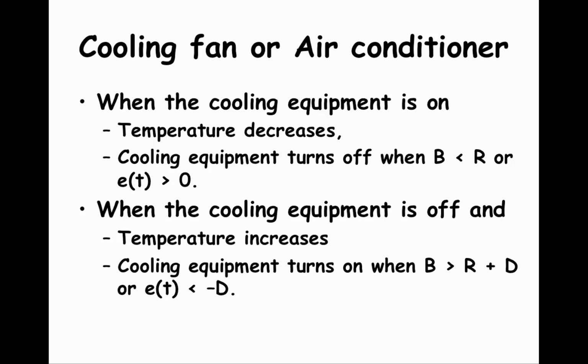When the cooling fan is off and the temperature is increasing, the cooling fan turns on when the temperature is bigger than R plus D, or in terms of error, ET is smaller than minus D. The air-conditioned room fluctuates between the set point temperature and the set point plus the switching differential.